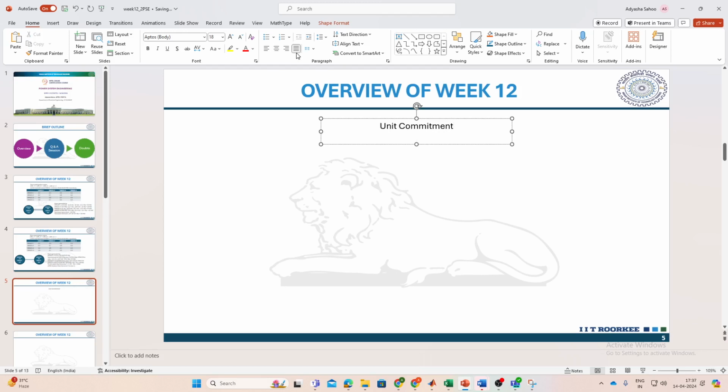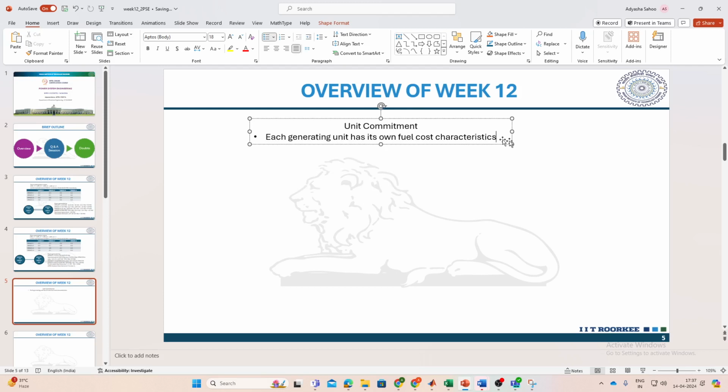And each generating unit has its own fuel. So each generating station or generating unit or generating plant has its own fuel cost characteristics.